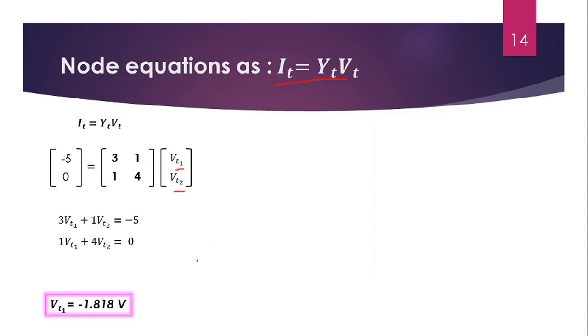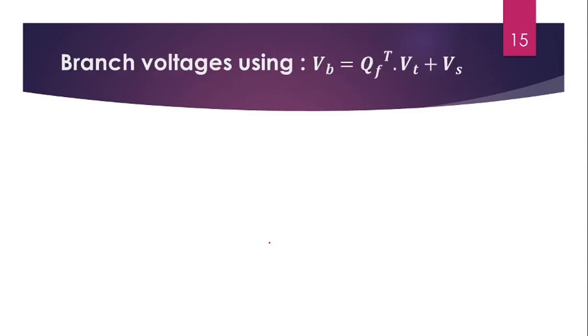So we got these two values of node voltages vt1 and vt2, so that is minus 1.818. Here we got the minus, so it means whatever the direction of current for a twig 1, we consider, that should be reverse, or the orientation should be reverse.